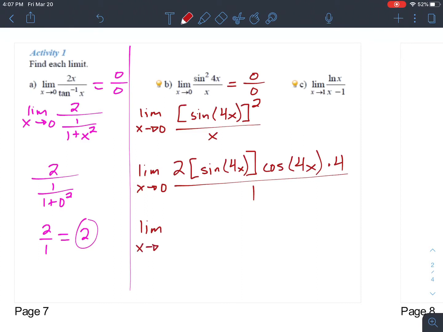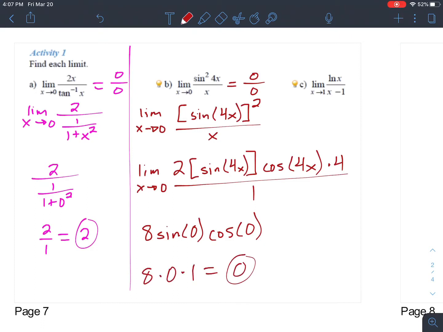Now, actually, you know what? We don't need that limit anymore because we can just put 0 in for x. We're going to get, and I'm going to do a little bit of simplifying, 8 sine of 0 cosine of 0, which is going to turn to 8 times 0 times 1. And the answer here for B is 0.